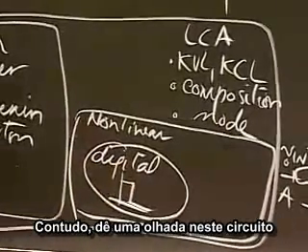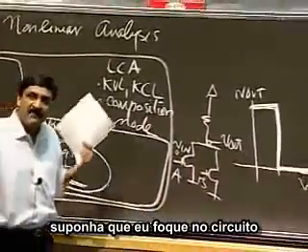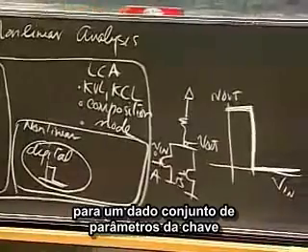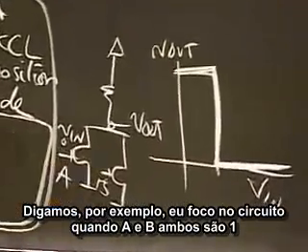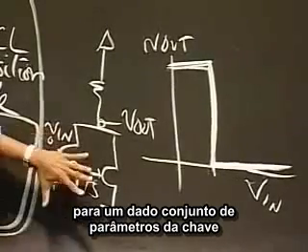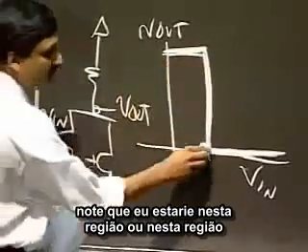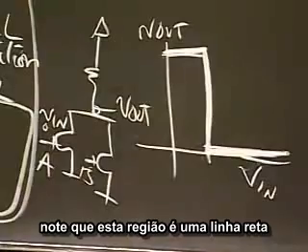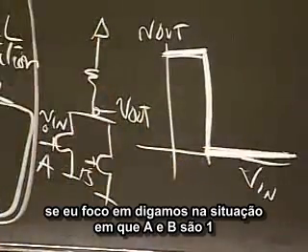However, take a look at this circuit. Suppose I focus on the circuit for a given set of switch settings. Okay? So let's say, for example, I focus on the circuit when A and B are both 1s. For a given set of switch settings, notice that I'm going to be either in this region or in this region. Notice that this region is a straight line.